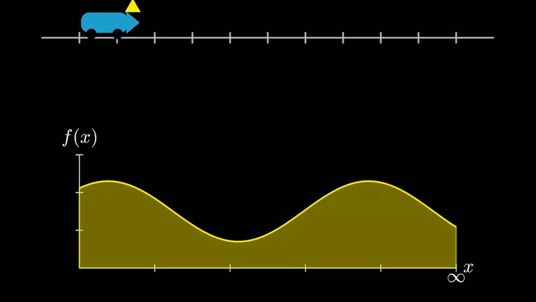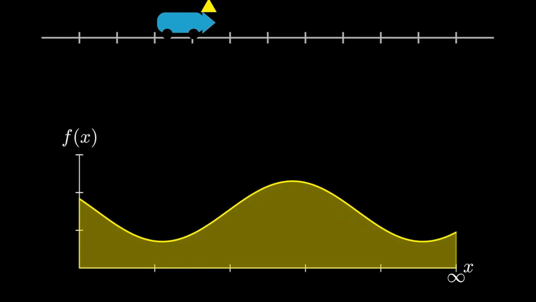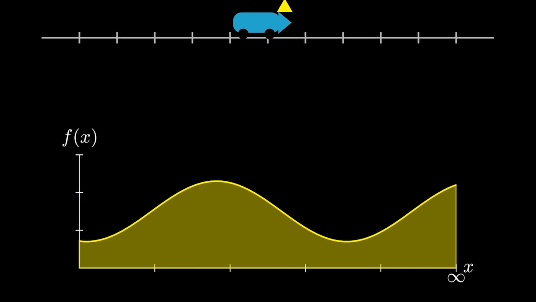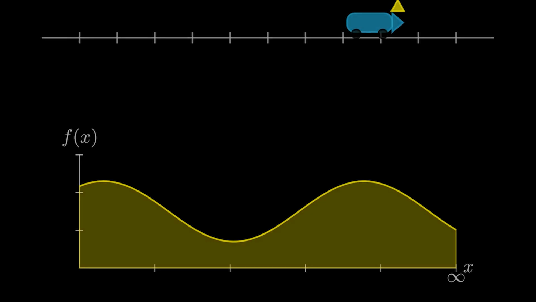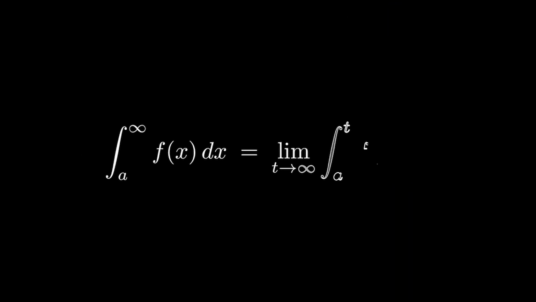But for purely the AS level syllabus, what you need to realize is that we can treat infinity like a moving boundary. Because what we can say is that the integral between a and infinity of f of x dx is going to equal the limit as t approaches infinity of the integral between a and t of f of x dx.